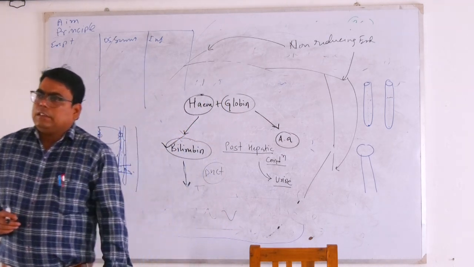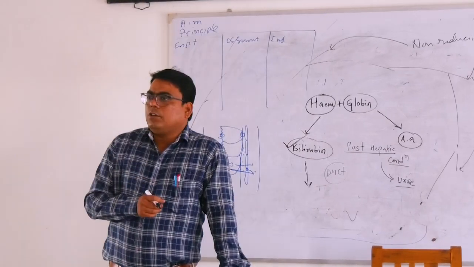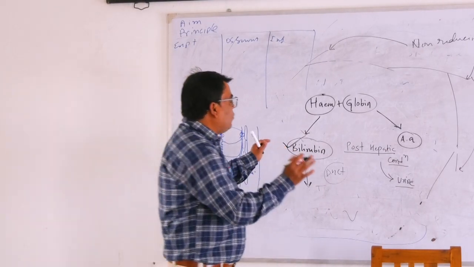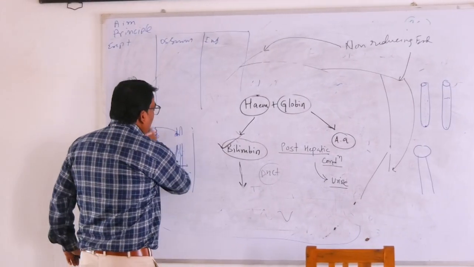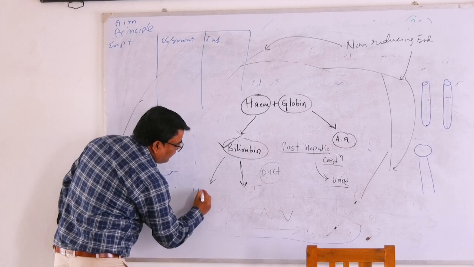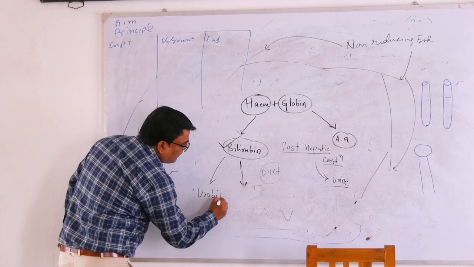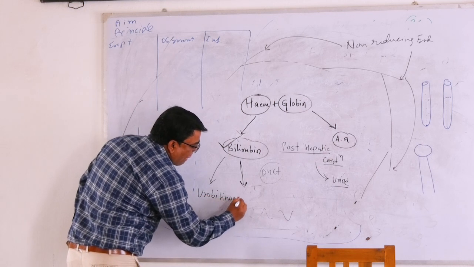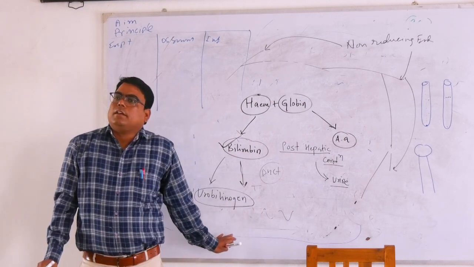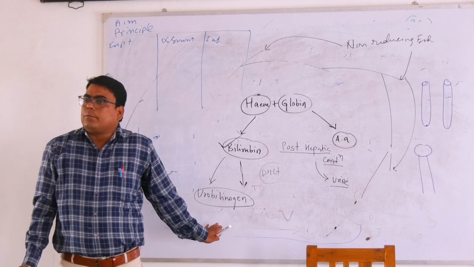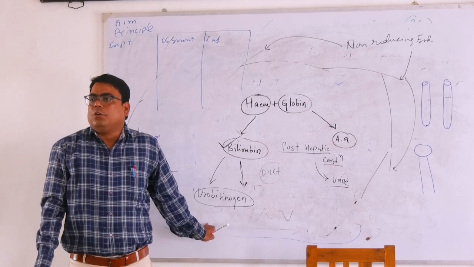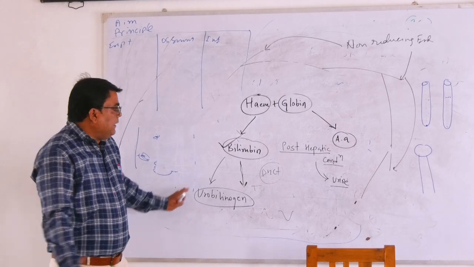Generally, the color of bilirubin is red, but it is oxidized. Normally, bilirubin is excreted in the urine in the form of urobilinogen. That's why the urine is straw or yellow colored, due to the presence of urochrome.